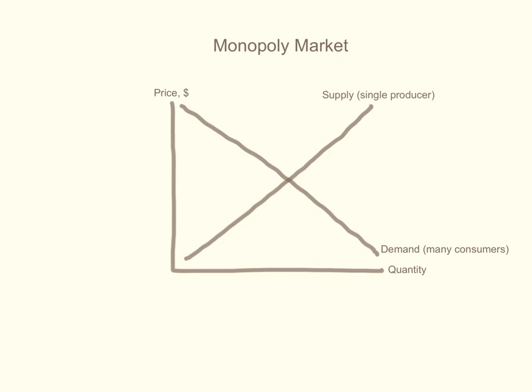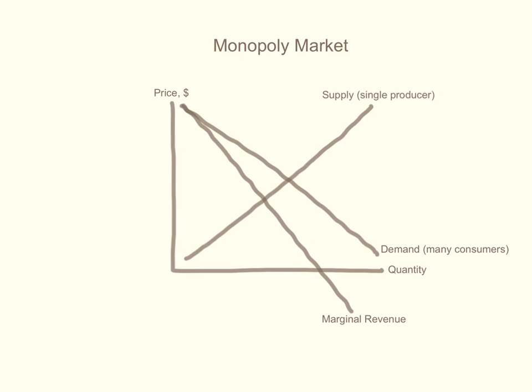And looking at it from the other side, if the monopolist wants to increase her sales, she wants the consumers to buy more of her product, then she has to lower the price somewhat. In other words, the marginal revenue that the monopolist can earn at different levels of production is going to be decreasing in the level of production, and it's going to be represented by this downward sloping line. The more product the monopolist wants to sell, the lower must be the price at which she sells the product.